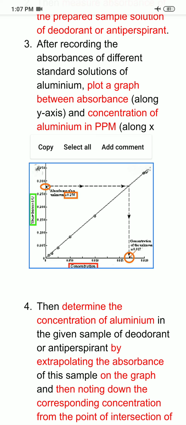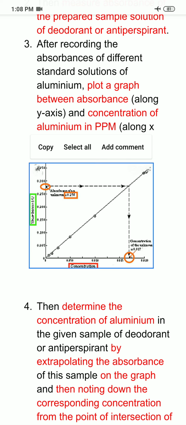So when we plot the graph between absorbance and different concentrations of solution, we will get different points, and by connecting these points we will get a straight line graph. You can see that different points are there, absorbances along the y-axis and concentrations along the x-axis.